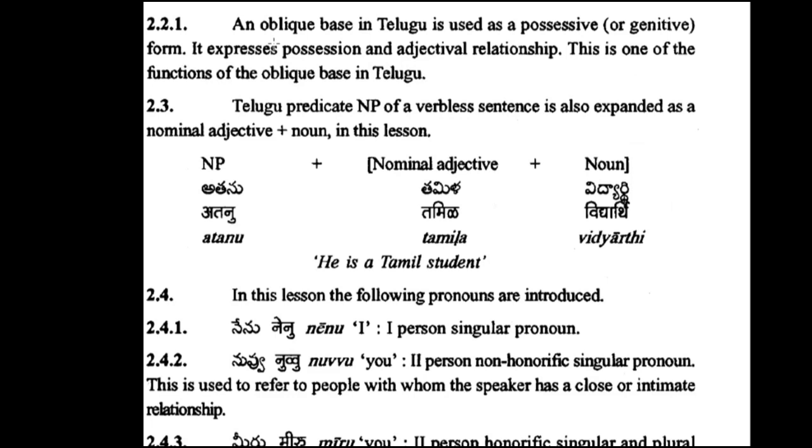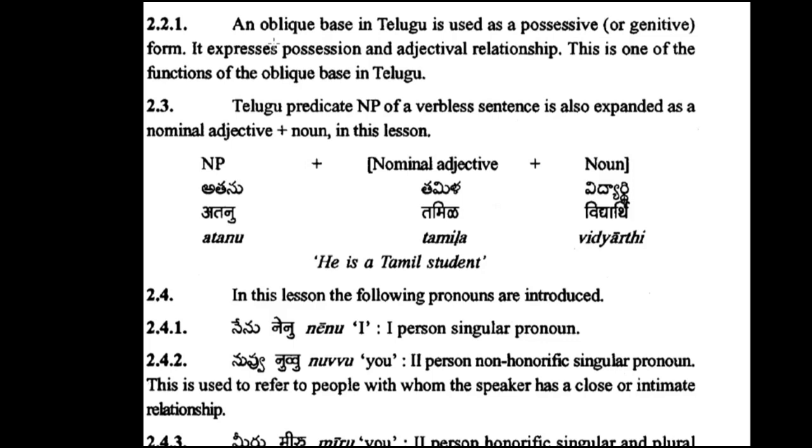Okay, the next point is an oblique base in Telugu is used as a possessive or genitive form. It expresses, okay, whatever we are learning, if we learn with examples, you will understand clearly. First, let me read, then we'll use some example, then you will understand. It expresses possession and adjectival relationship.